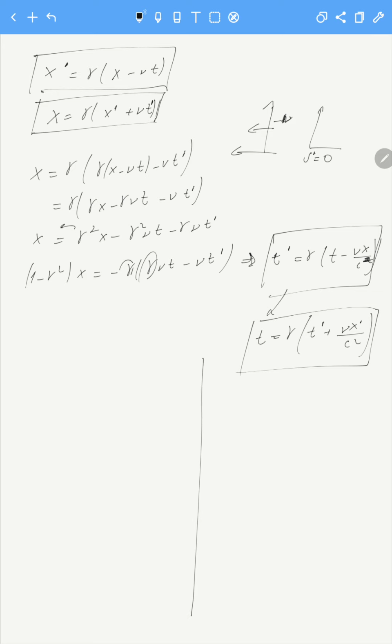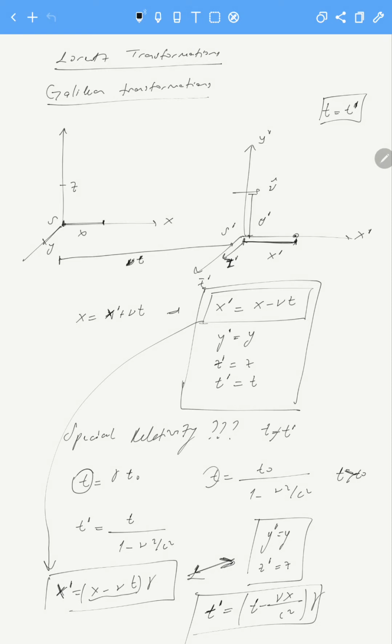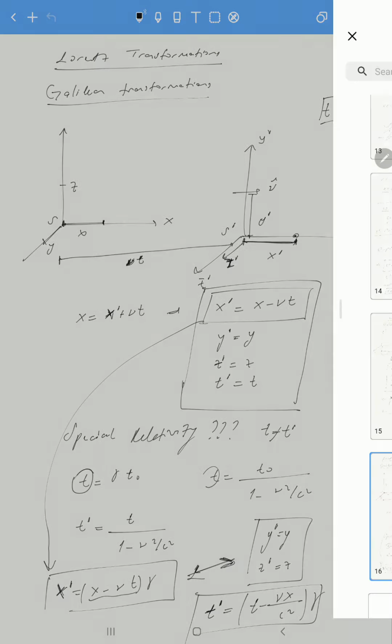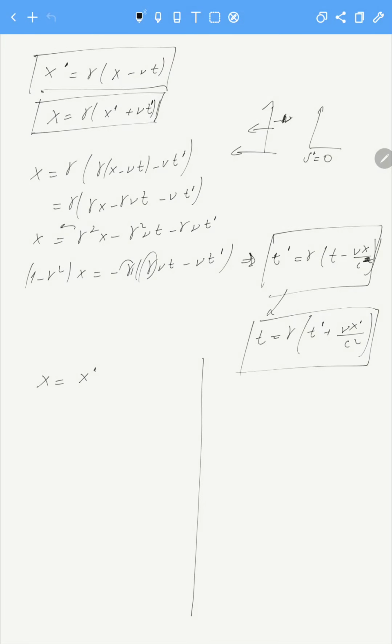So, to summarize, what we had was x prime equals x minus vt, and y prime was the same, z prime was the same, t prime was the same. Now this was the Galilean transformations, and our Lorentz transformations happen to be this.